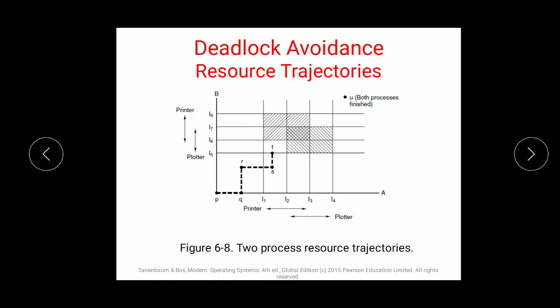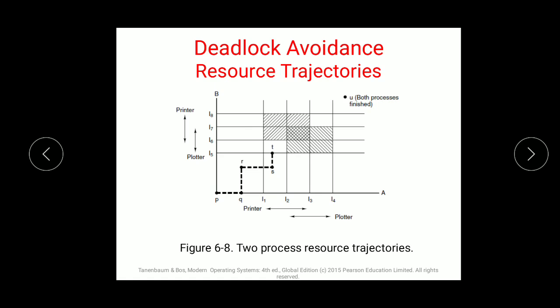Dynamic means it keeps changing. If I say A to Z, it will run A to Z; if I say A to D, it will run A to D; if I say D to F, it will run D to F. Likewise, dynamically it keeps changing. So the resource allocation state can be changed for the deadlock avoidance algorithm to inspect.